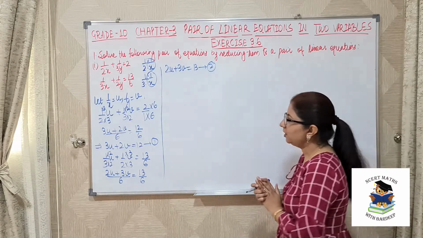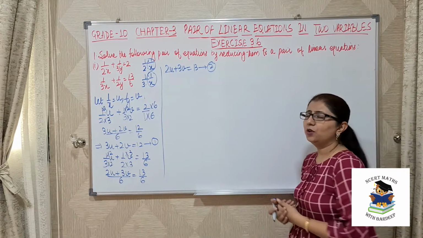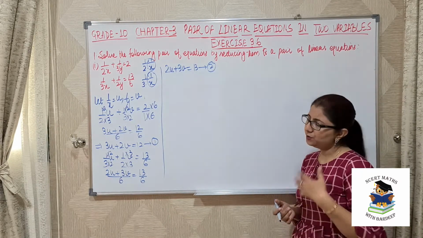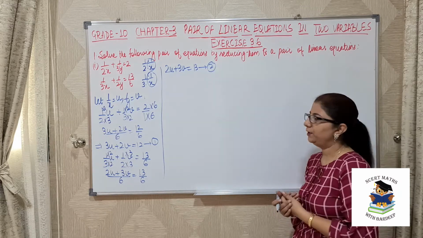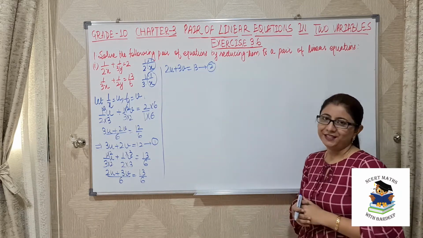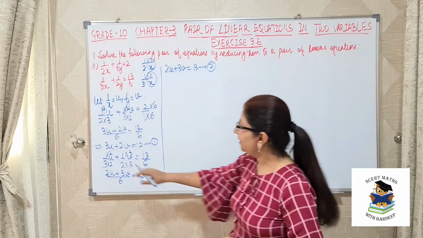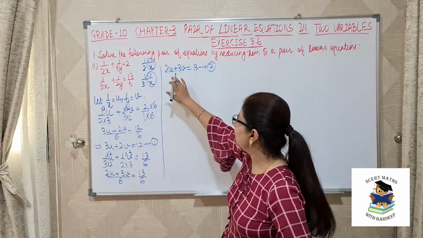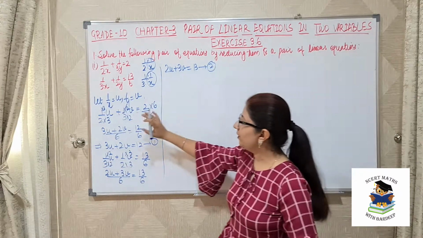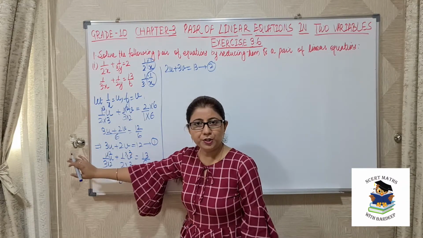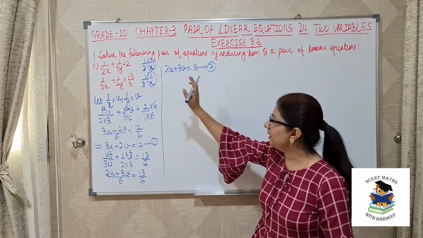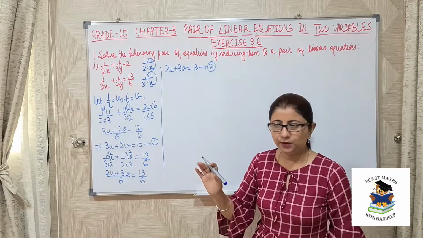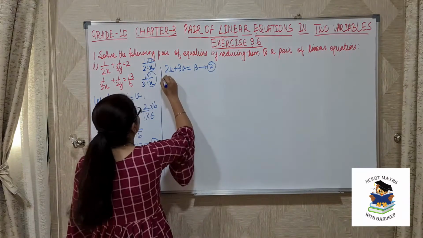Okay. So now let's see how to solve. Since it is not mentioned which method we should use, we can use our own preferred method. I use elimination method. So here it is 3u plus 2v, it is 2u plus 3v. So if I multiply first equation with 2 and second with 3, I will get 6u in both equations. So let's do that.